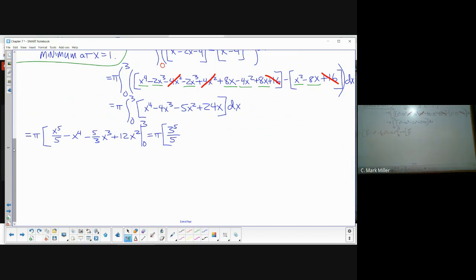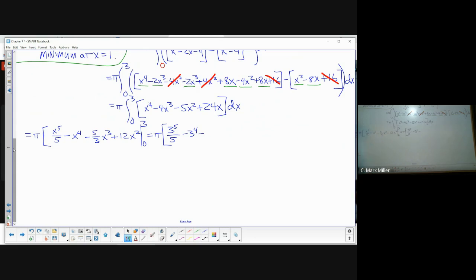Don't figure out what 3 to the 5th is. 243. 3 to the 4th minus 3 to the 4th. Don't figure out what that is. 81. 5 divided by 3.